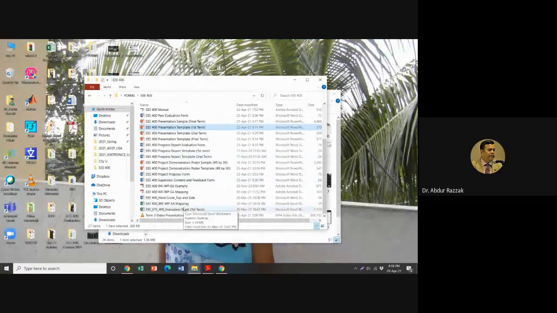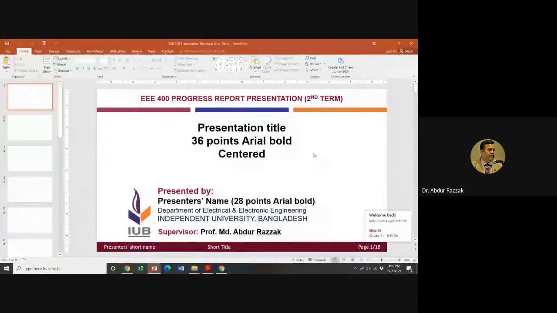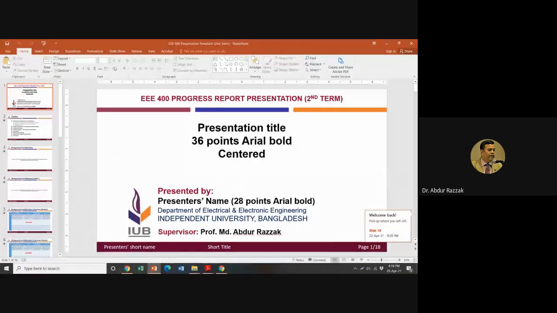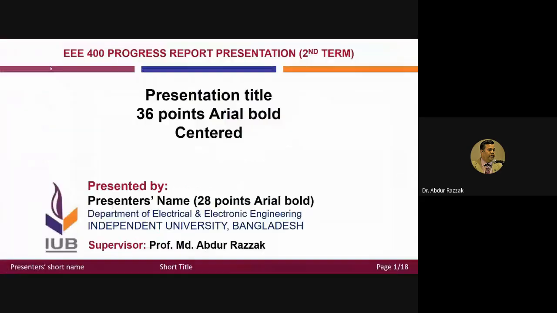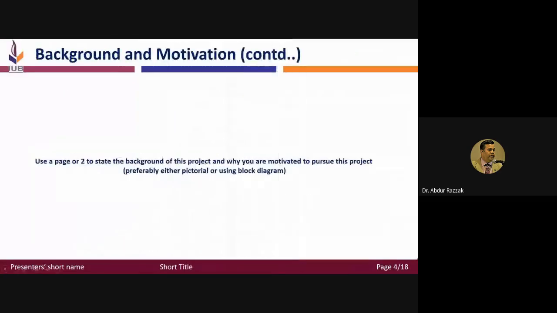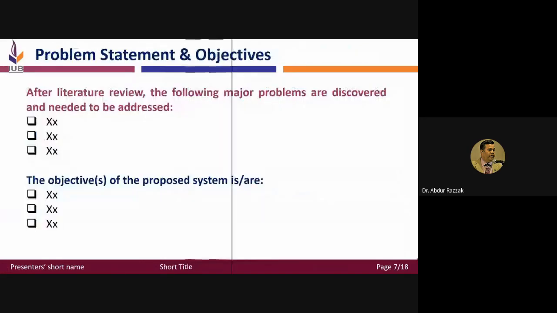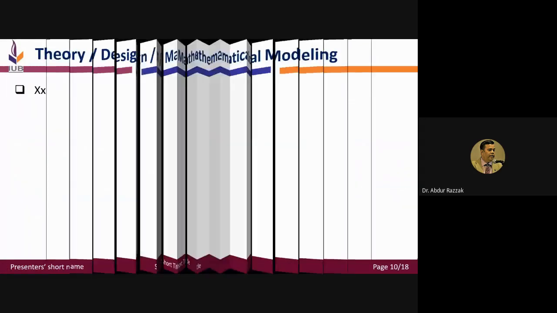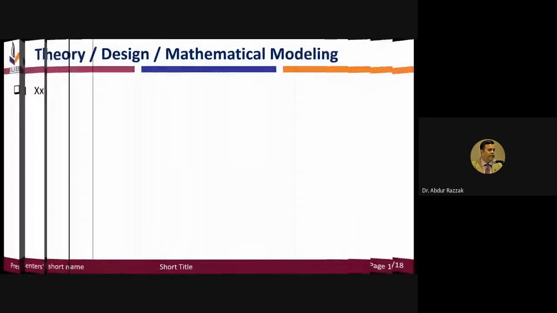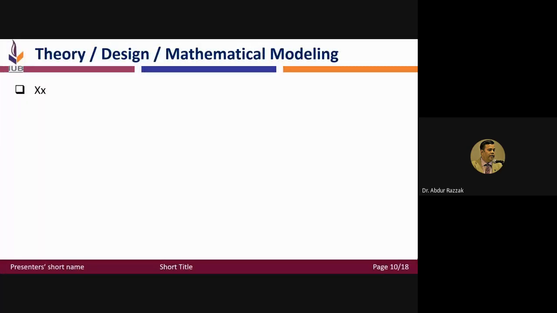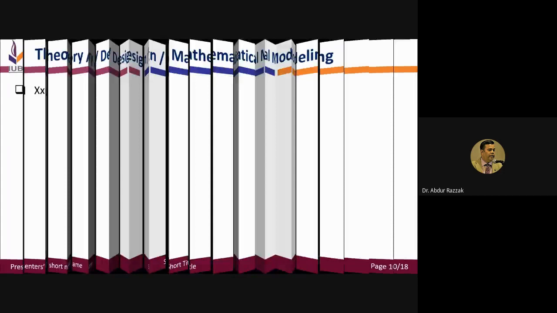Okay. So the same thing will come in the second term, only the difference is here. In the second term, you have to include your theory, design, or mathematical model, whichever suits your project. You just put, say for example, 1, 2, 3 slides.